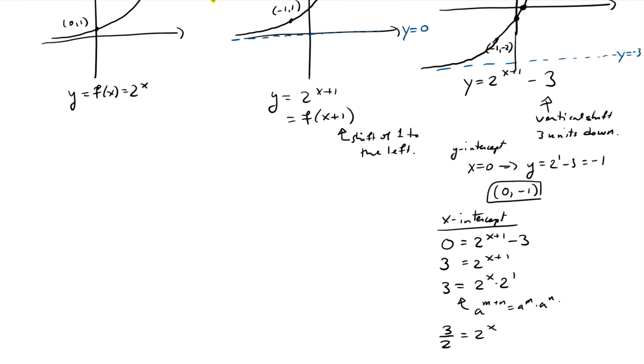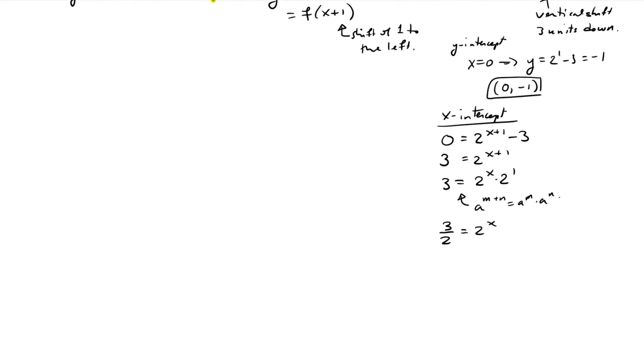Okay? And now if you think about the powers of 2, if you get 2 to the x, what are the powers of 2? There's 2 to the 0 is 1, 2 to the 1 is 2. So 3/2 is somewhere in between, right? So that means the x value is somewhere between 0 and 1.